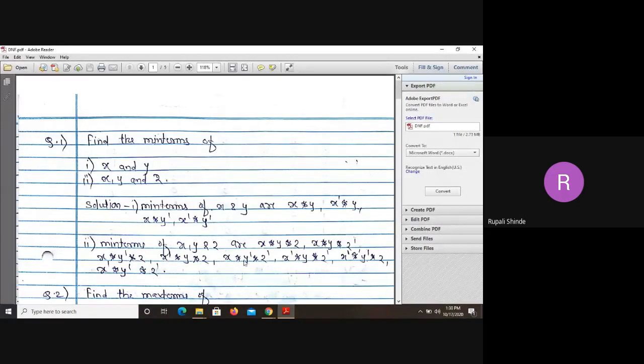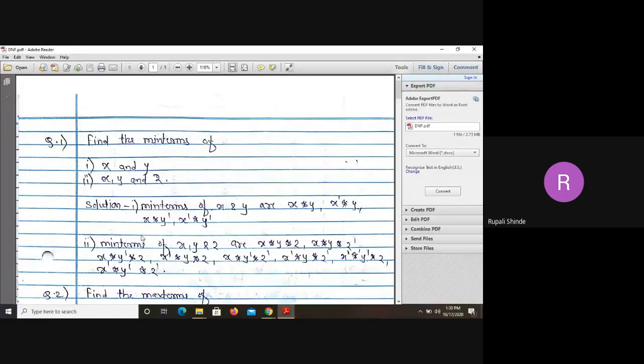Then x star y complement star z complement. Again x complement star y star z complement. Then x complement star y complement star z. And the last one, x complement star y complement star z complement. So likewise we can define the minterms.